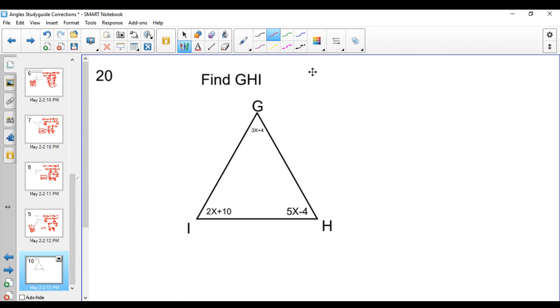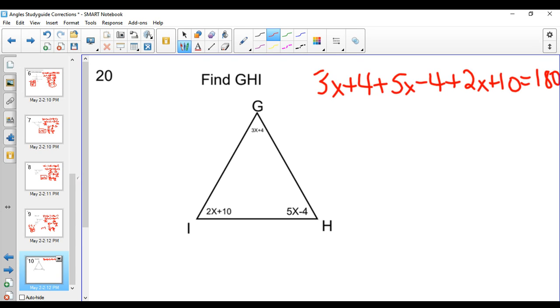Okay, last one. We know that the sum of the three angles inside a triangle are equal to 180 degrees. So we need to use that fact first to set up an equation. So I have 3x plus 4 plus 5x minus 4 plus 2x plus 10 equals 180.